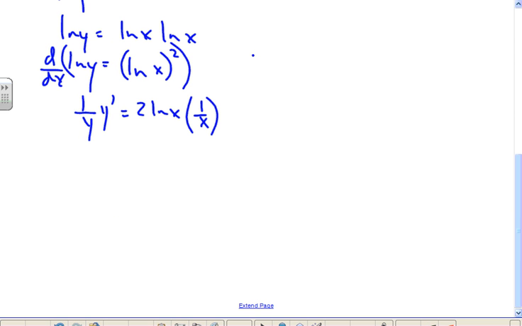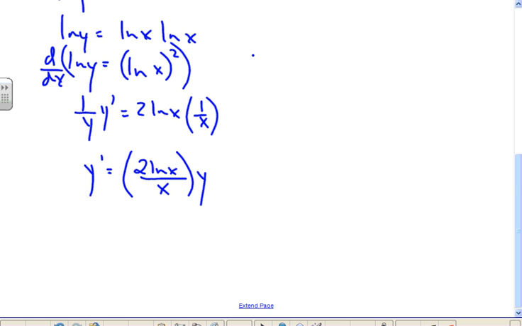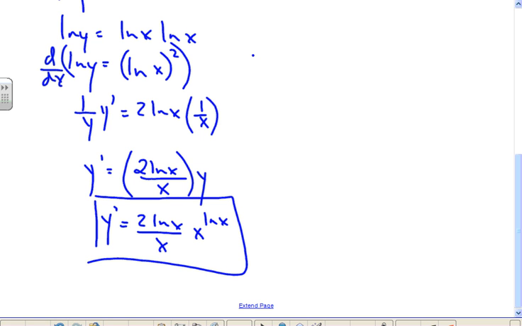We can simplify this, so we have y prime equals 2 natural log of x over x times y. Let's substitute what y is, and we remember y is equal to x to the natural log of x. So we have 2 natural log of x over x times x to the natural log of x, and that equals y prime. So using log differentiation, we can get that answer.